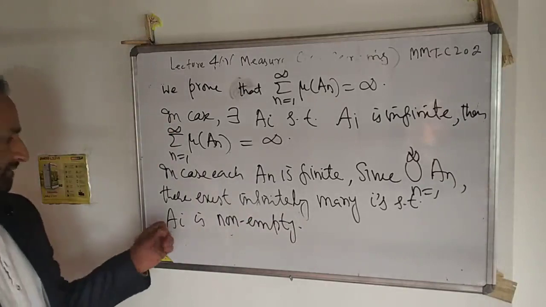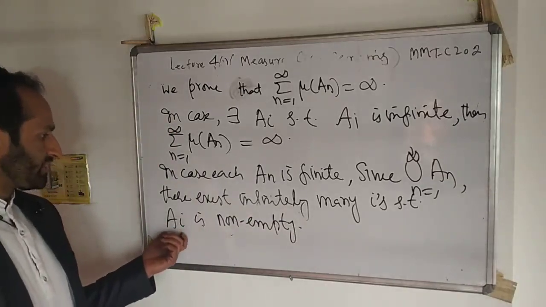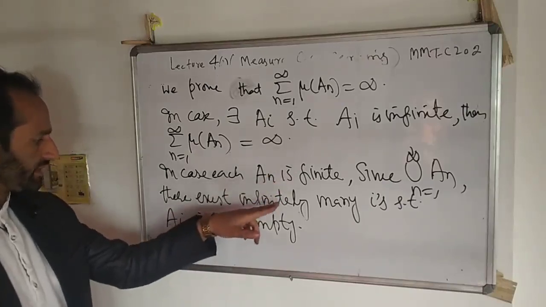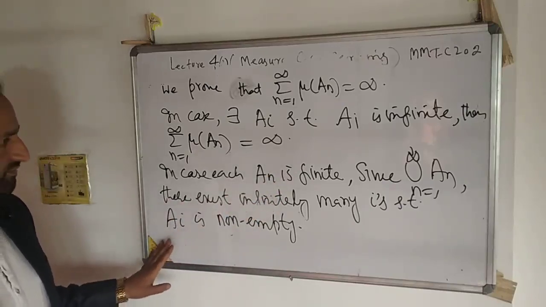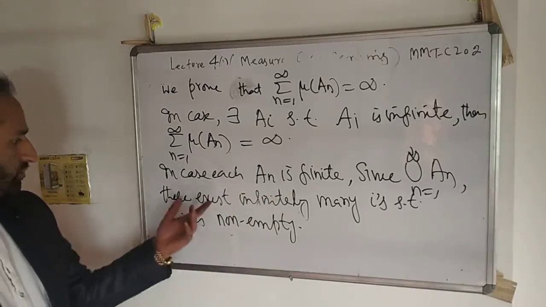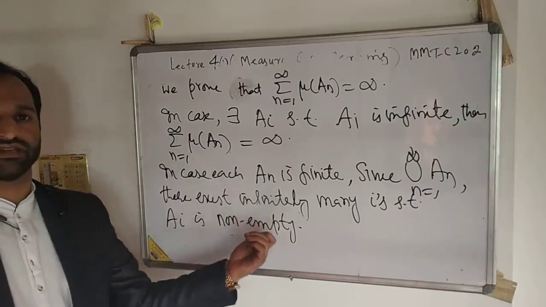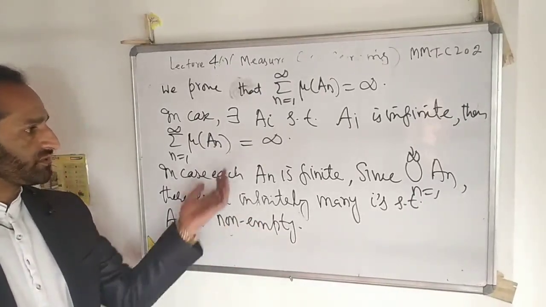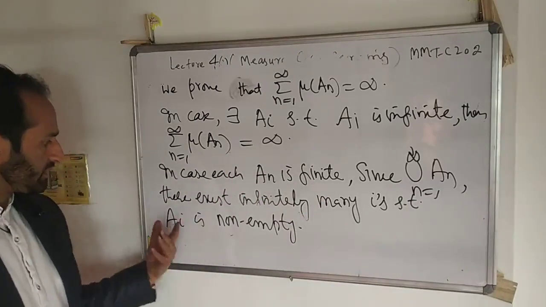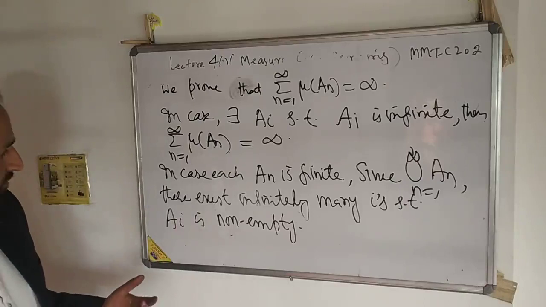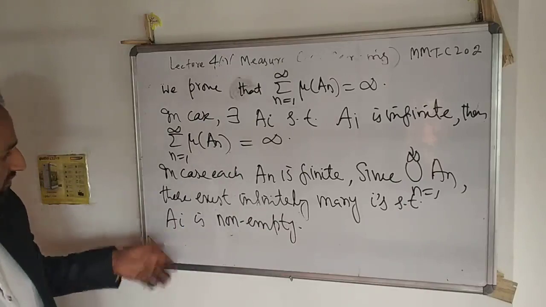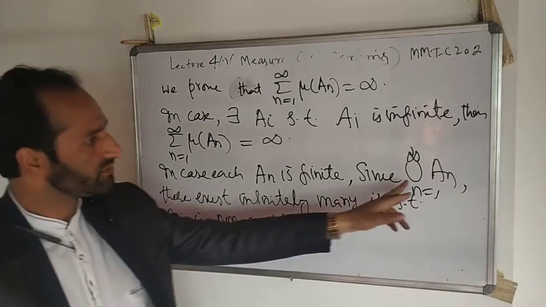So suppose A1 is non-empty, then mu of A1 is equal to the number of elements in A1, because each A_n is finite. A1 is finite and non-empty, so it must contain a certain number of elements. Similarly, suppose A3 is non-empty and finite, then it has a finite number of elements, and mu of A3 is equal to the number of elements of that set. But there are infinitely many such sets because the union is infinite.